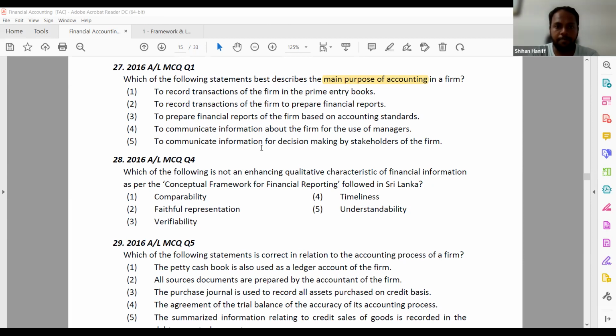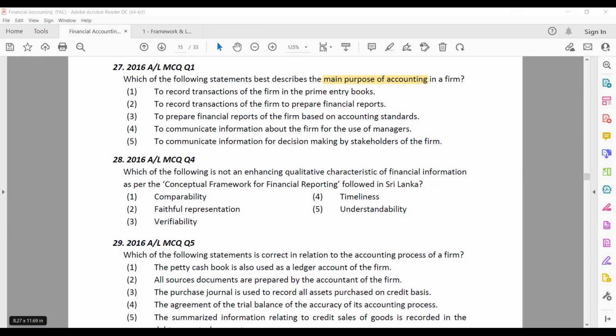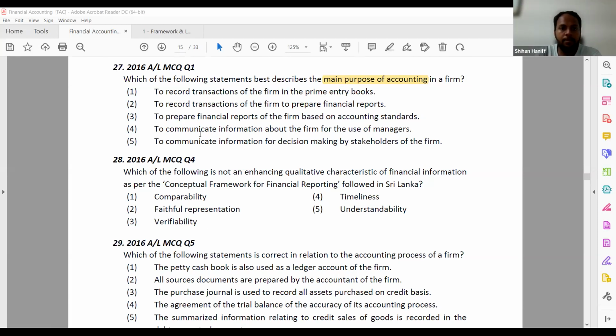Purpose of accounting: the main purpose is to prepare financial reports and communicate information to decision making stakeholders.